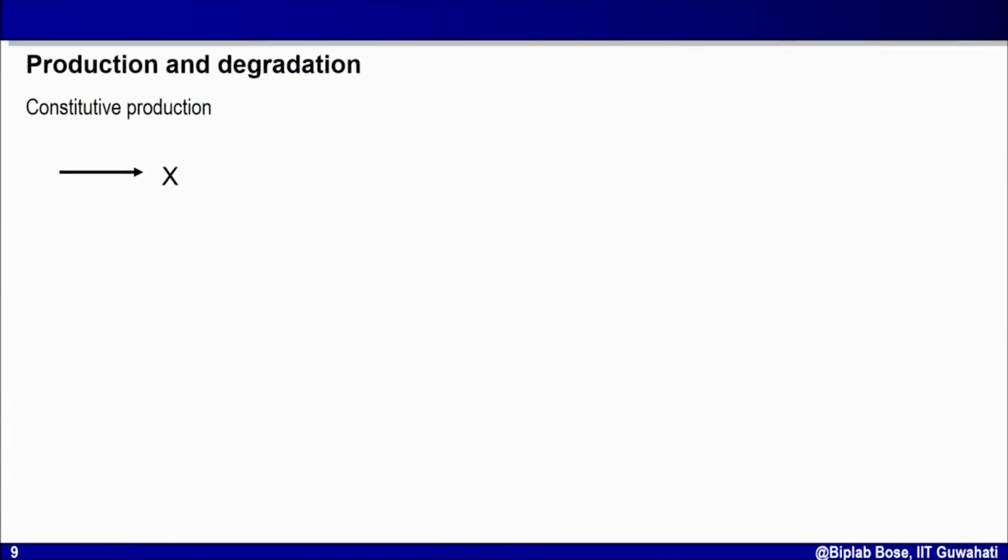So that's what I have shown, that X is produced and there is nothing else. It may be coming from transcription and translation. That's why I have not written anything here. So X is produced. So what can be the simplest ODE representing the rate of change of concentration of X in this case?